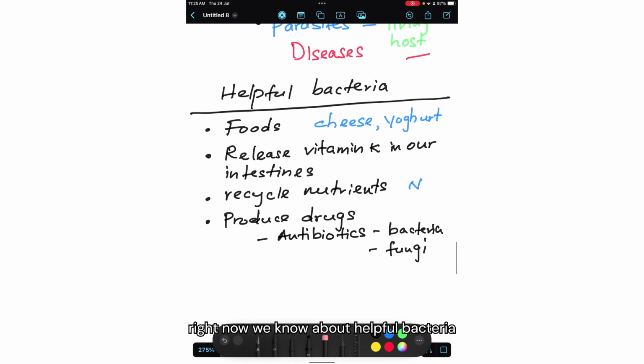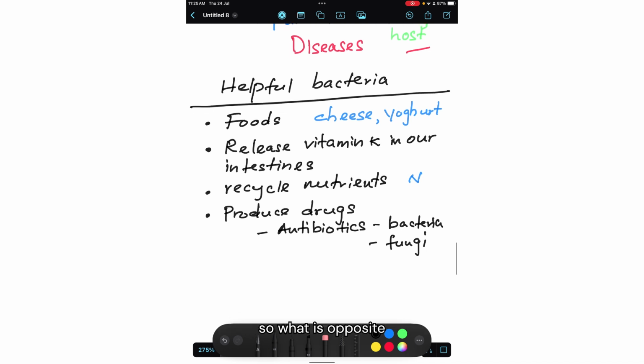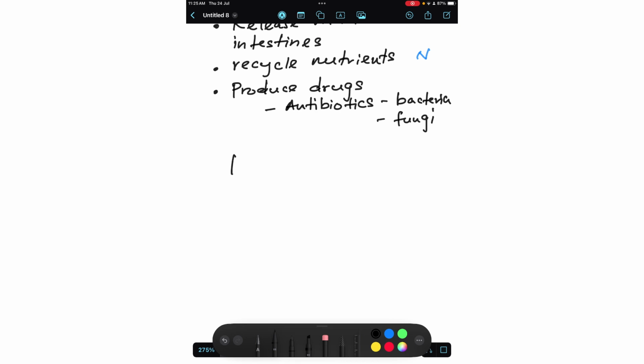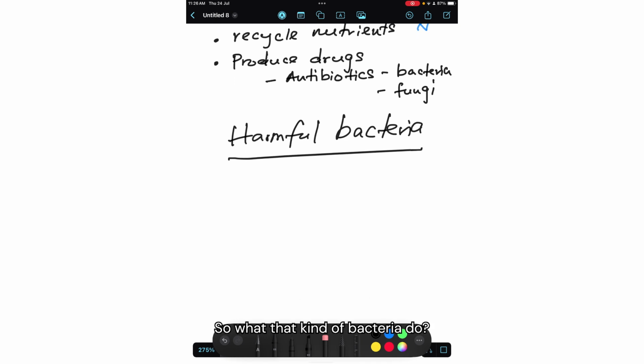Right, now we know about helpful bacteria. So what is the opposite? Harmful bacteria. What does that kind of bacteria do? They can make food inedible.